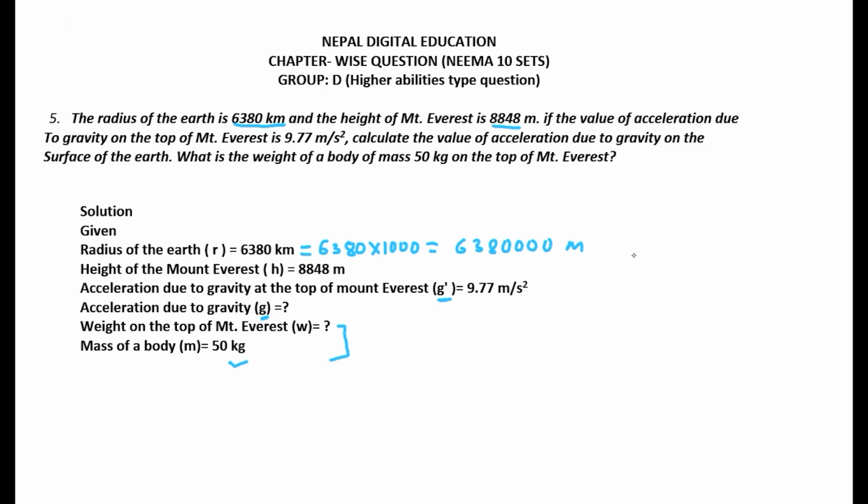So first of all, solve the first case. In the first case, we have r, h, g dash, and we have to find the g. So in this case we have the formula g dash by g equal to (r by r plus h) whole square. We have to find the value of this g.